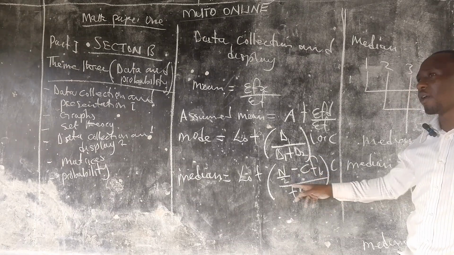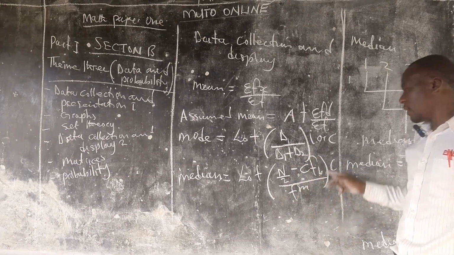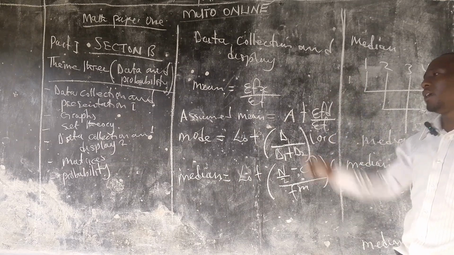Then Fm is the frequency of the median class. Then C is the class interval.